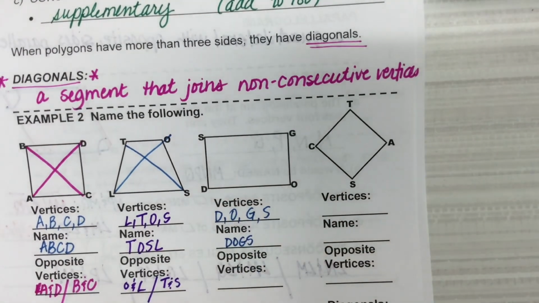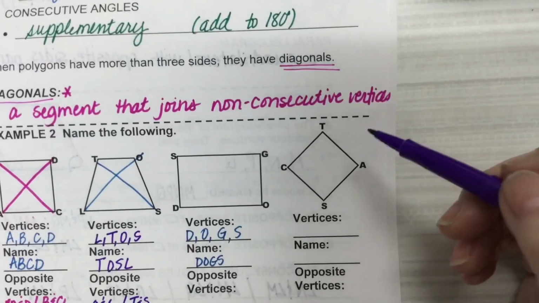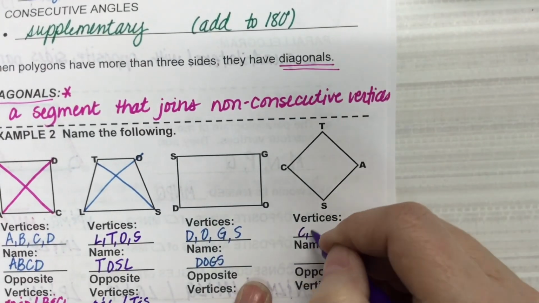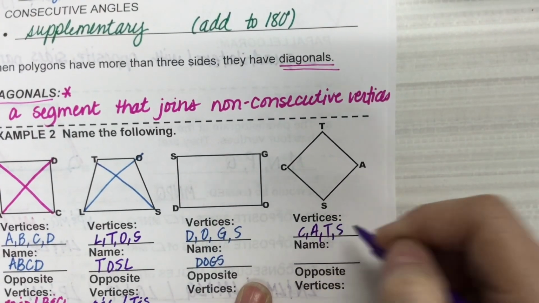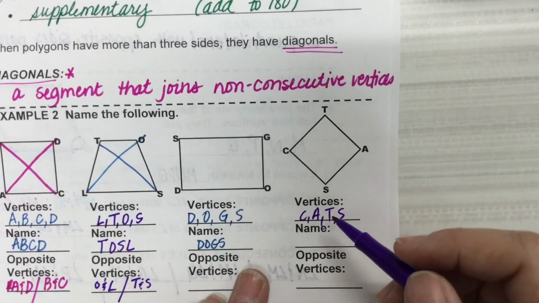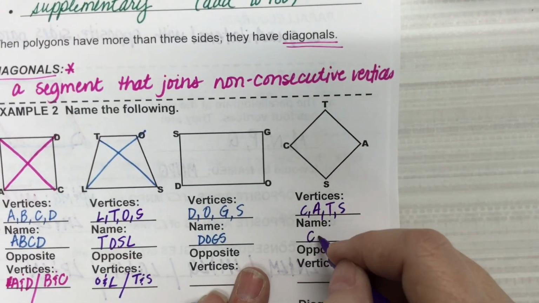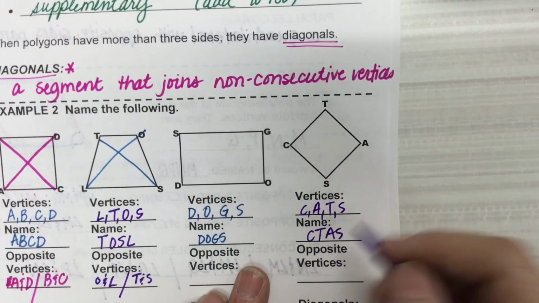The opposite vertices are D and G, and S and O. And over here, I might list the vertices as C-A-T-S to spell cats, but can I name it C-A-T-S? No, I can't. I would have to name it C-T-A-S or something like that. And again, the opposite vertices are the names of the diagonals.